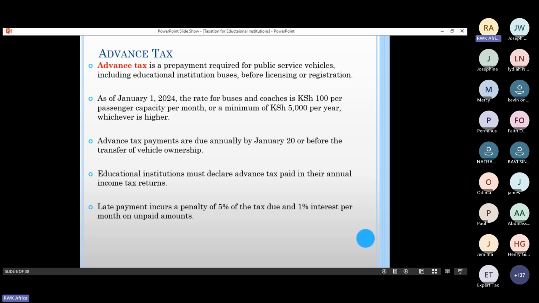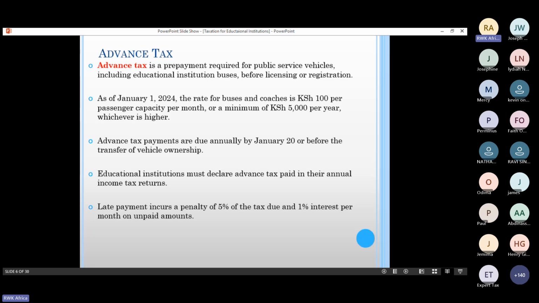So it will be 33 times 100, which is 3,300. But we have a minimum of 5,000. So if the tax is lower than 5,000, you're supposed to pay the 5,000 per year. So it's good to ensure that you file the advance tax. And if you're not familiar with how it is done, or you have not been filing, it's good to engage a professional. You can contact us and we're going to assist you in that.